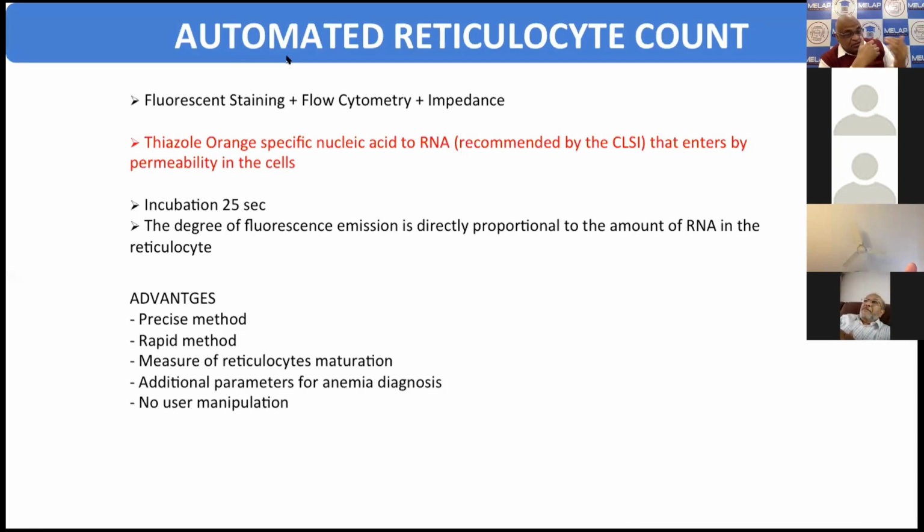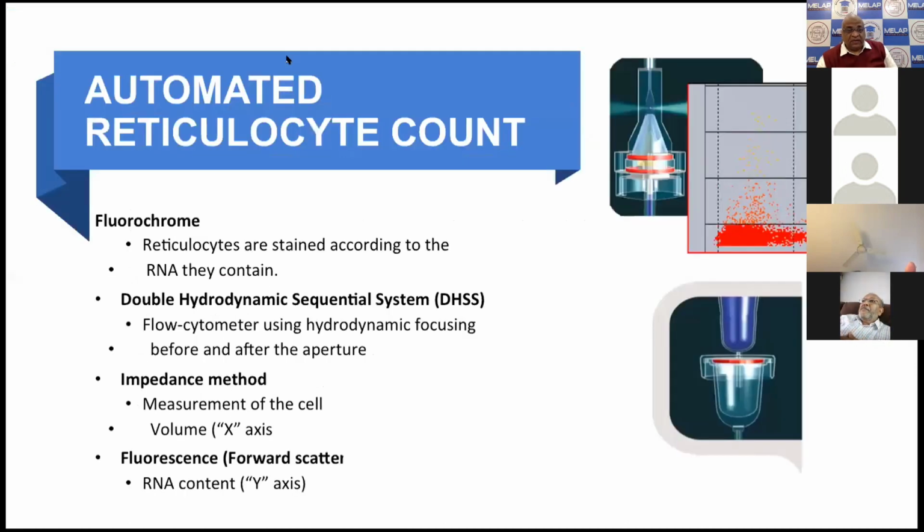You can see reticulocyte maturation also, and some additional parameters; we will come to that. And there is no user manipulation. So in this automated reticulocyte count, there is flow cytometry and the impedance method, and they tell us about RNA content.